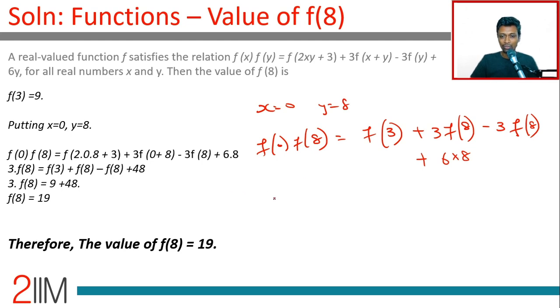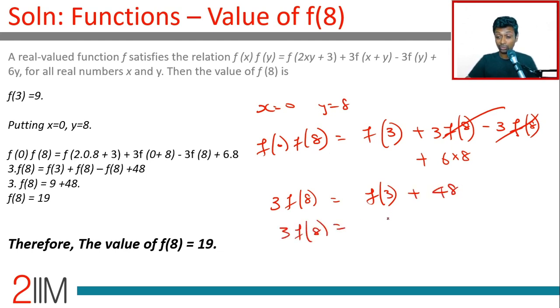And so f of 0 into f of 8, f of 0 is 3, we know that. 3 times f of 8 equals f of 3, plus these two get cancelled, plus 48. 3 times f of 8 is, f of 3 is 9, 9 plus 48, which is 57, so f of 8 is 57 by 3, 19.